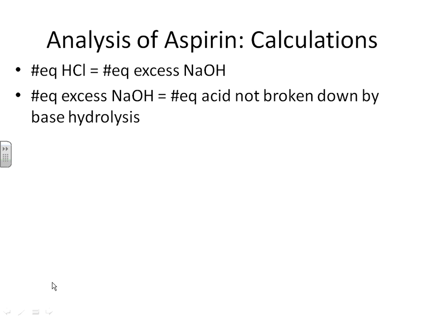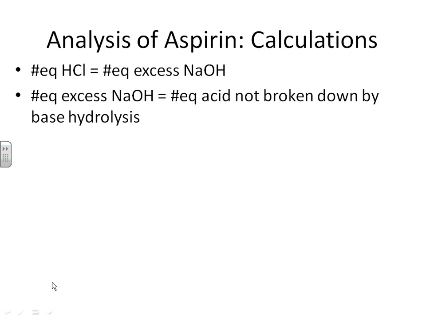The calculation is pretty straightforward. As I said before, the number of equivalents of HCl is equal to the number of equivalents of excess sodium hydroxide. Why do we care about the number of equivalents of excess sodium hydroxide? Because the number of equivalents of excess NaOH that we have correlates with the number of equivalents of acid not broken down by the base hydrolysis.